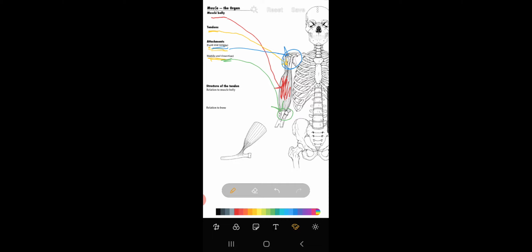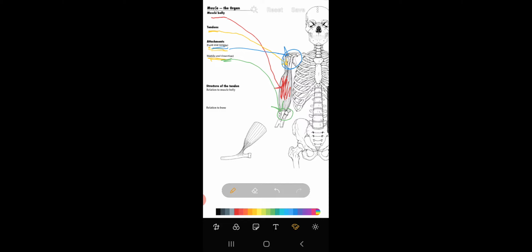The structure of a tendon, just for a note, is that it's important to note the fibers of a tendon run through the belly of the muscle and attach from end to end. So let me grab a good color here.